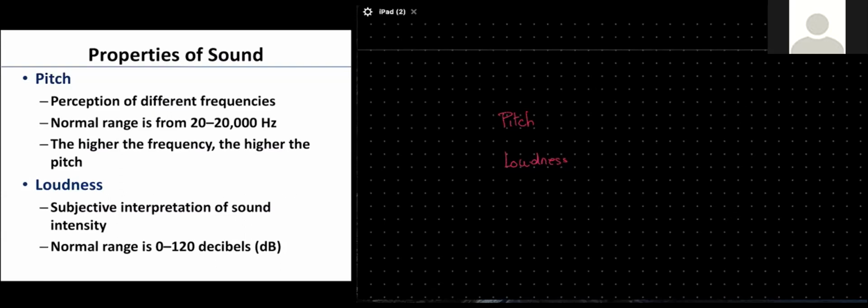Pitch of the sound is going to be determined according to the frequency of the sound waves that will be created, compared to the loudness of the sound, which is going to be determined according to the amplitude of the sound wave.